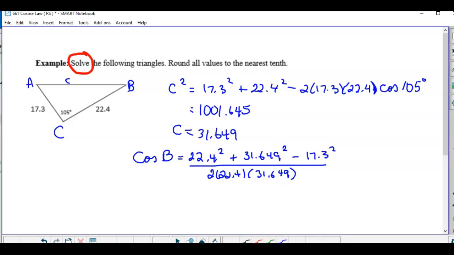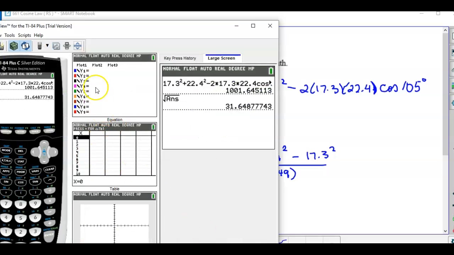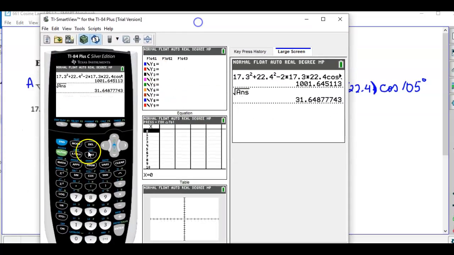Okay, so in your calculator, we have 22.4 squared, and then we're going to add that previous answer, so second negative squared. Then we're going to subtract the 17.3 squared. Now, what I haven't done here is put it in a fraction, so I need brackets. So I need to close a bracket there, and I actually have to go back and open the bracket at the beginning.